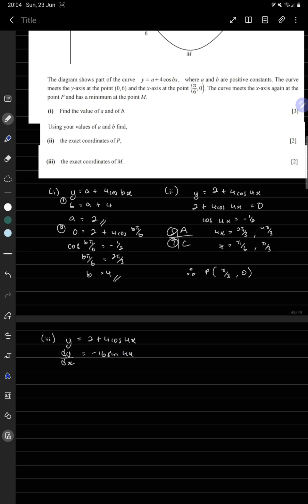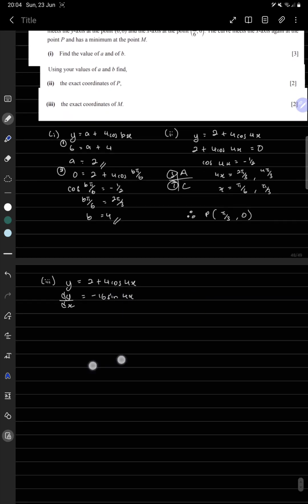Since M is a minimum point, we substitute dy over dx equals 0. So negative 16 sine 4x equals 0, and we'll have sine 4x equals 0. Then 4x is going to have multiple values: 0, pi, and also 2 pi.